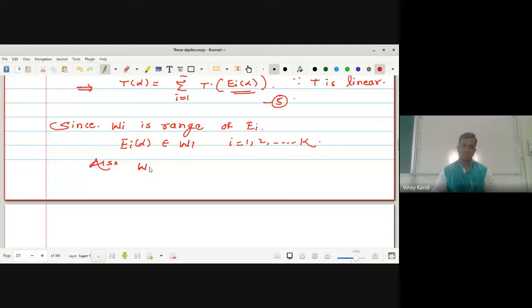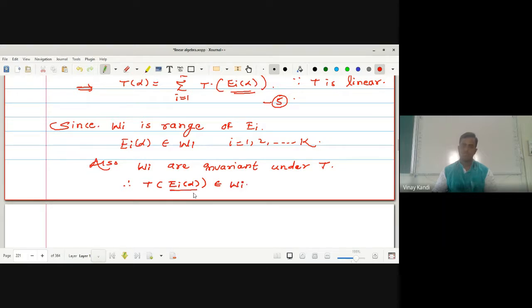So this Wi are invariant under capital T. Therefore this T of Ei of alpha belongs to Wi. Why?